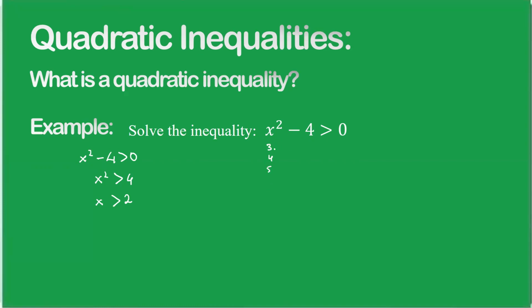Let's think about this one. For example, minus 5, is it a solution? Think about this one. Minus 5 squared minus 4 greater than 0. Okay, 25 minus 4 greater than 0. And as you see, 21 is greater than 0. It is true. Then minus 5 is also a solution.